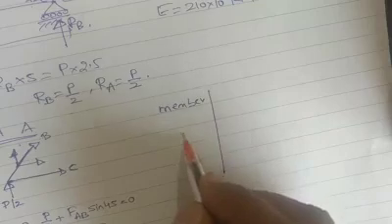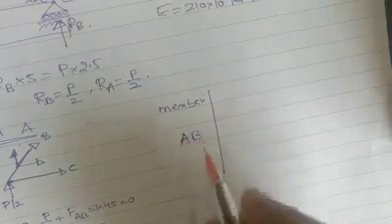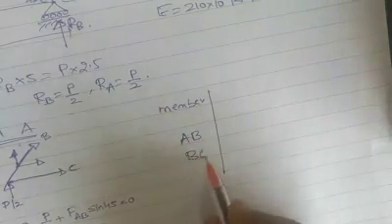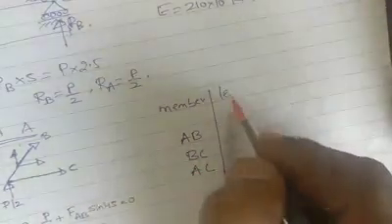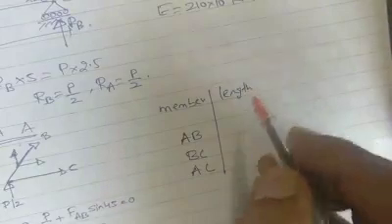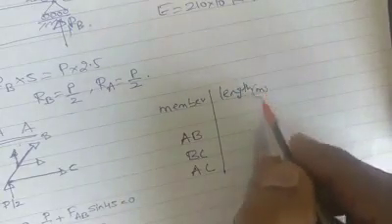We'll draw the tabular column here. Remember, we are having AB, BC, AC, and next length in meters.